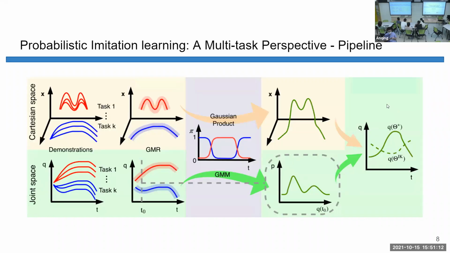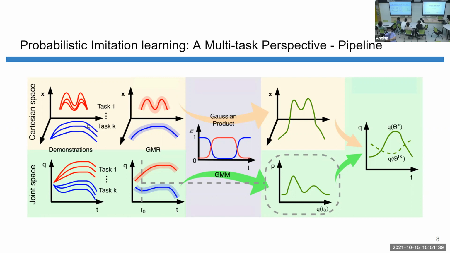So in order to tackle this problem, we consider it from a multitask perspective. For multitask sequencing, we demonstrate each task for multiple times, and we have several tasks. Like task 1 denoted with this red curve, and another task denoted with this blue curve.